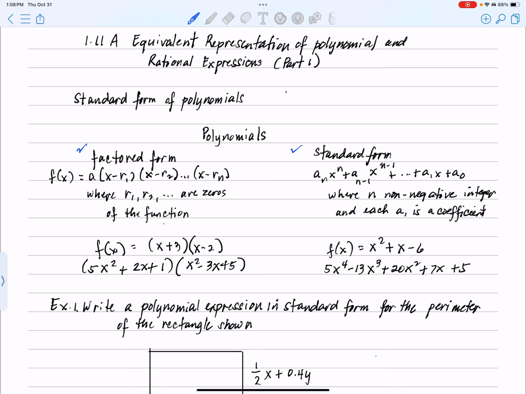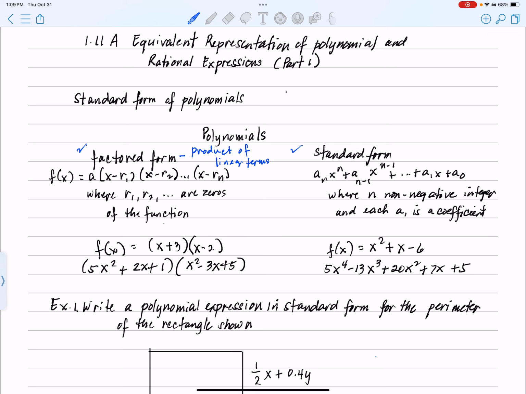So the factored form of a polynomial is the product of linear terms. You can see that its terms are linear. When you have a product, then you have it in factored form.